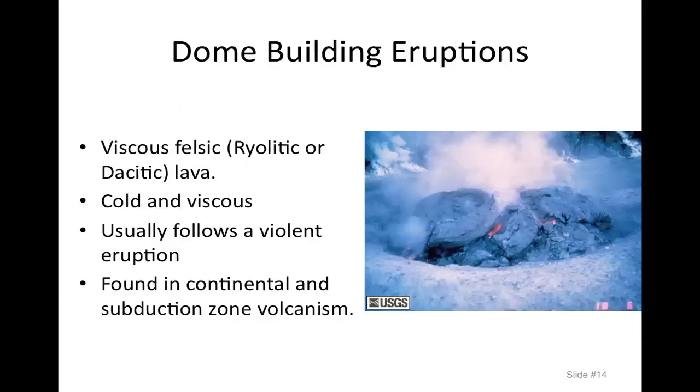All right, so the last kind of eruption I want to talk about are the dome building eruptions. After the Plinian eruption happens out of these stratovolcanoes that we'll talk about in the next segment, they kind of rebuild their cone shape. You'll notice Mount St. Helens, if you look at that, if you get a chance to go visit it, or if you look at photos of it, its top blew off.